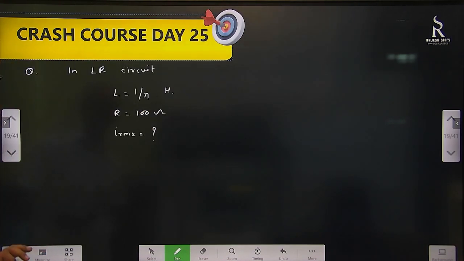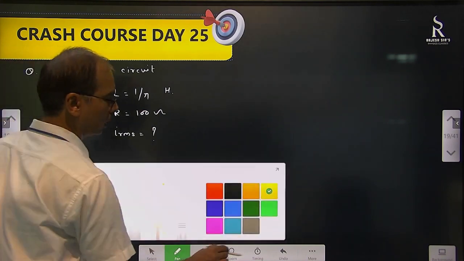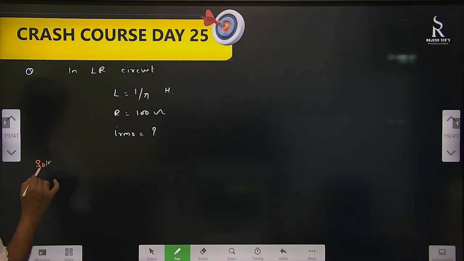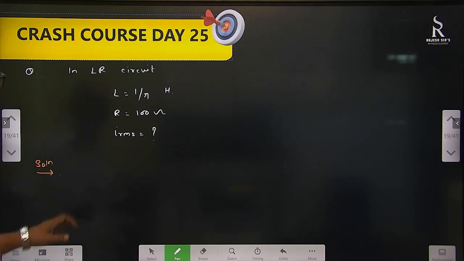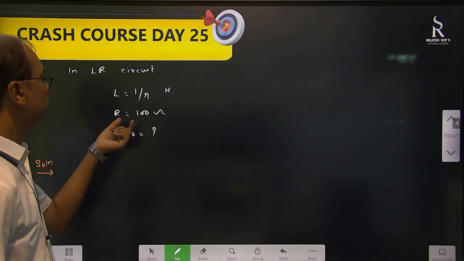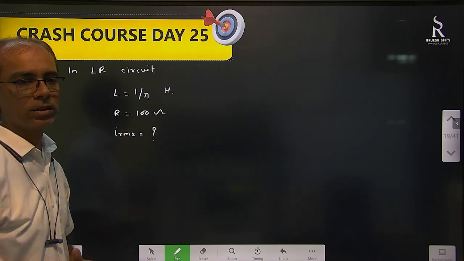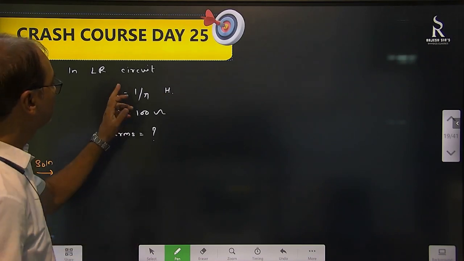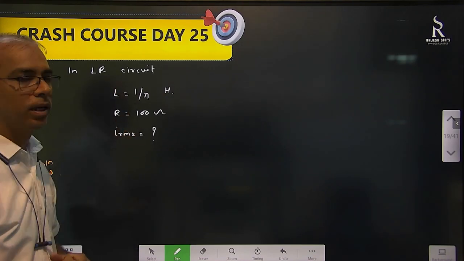Alright. Now, what is there in the LR circuit? In the LR circuit, L is given as 1 by pi Henry, R is given as 100 ohm, and IRMS is being asked.